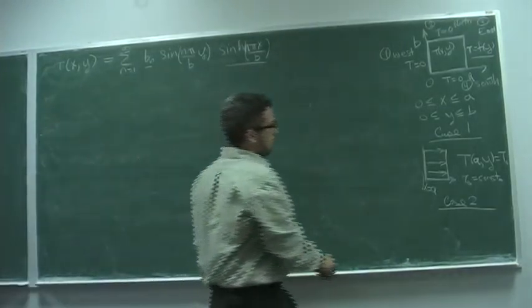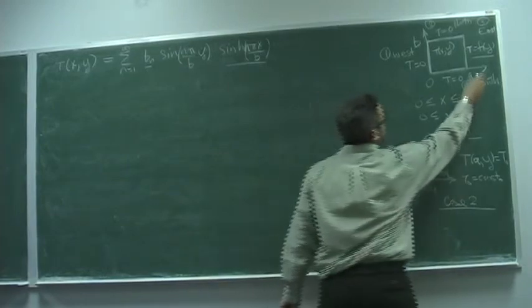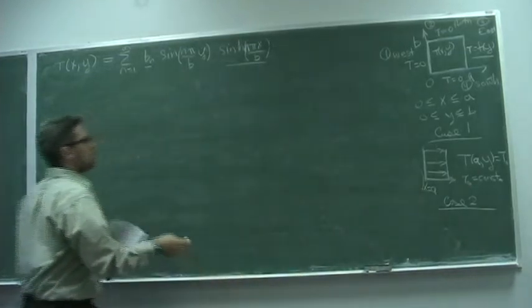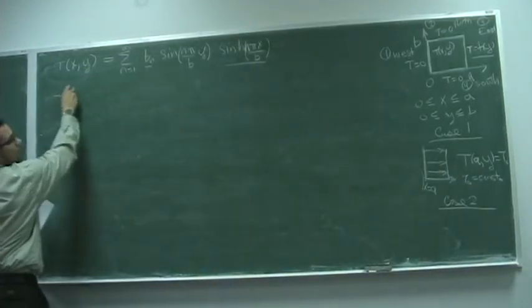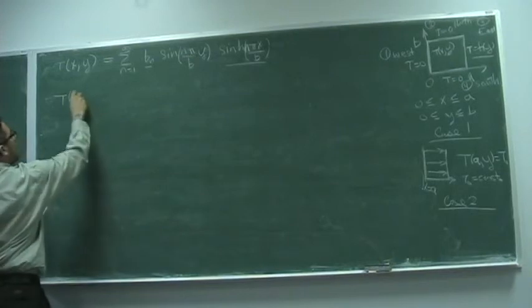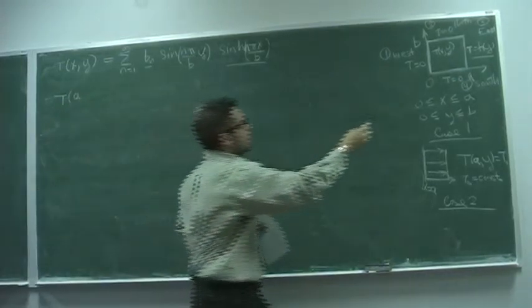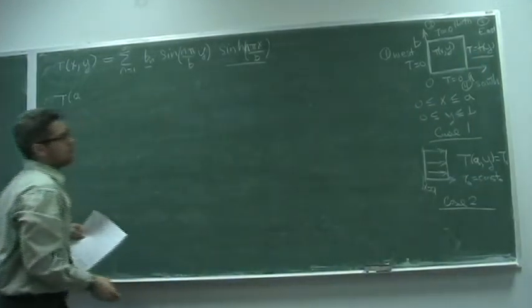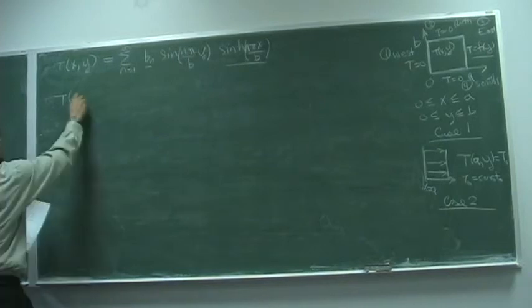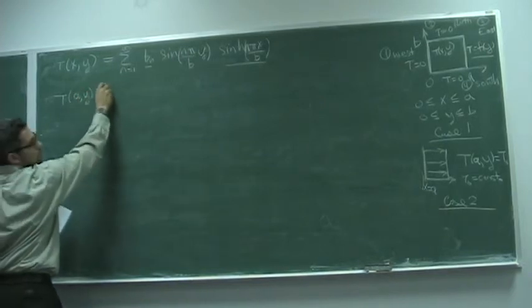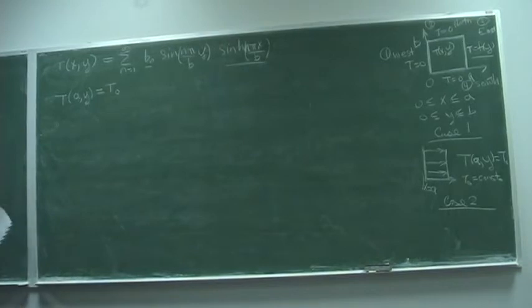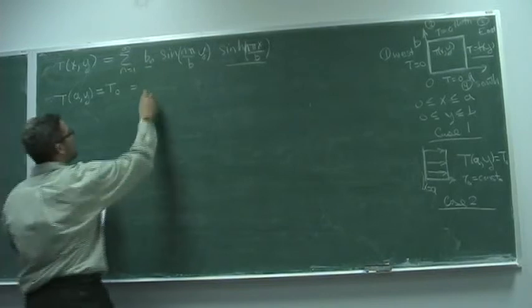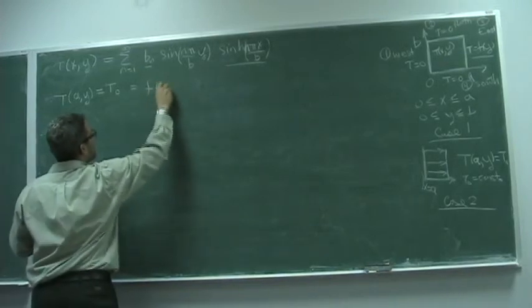Our final boundary condition is T equals f of y. Here's a, and for all y on that surface, T of a and y equals T0, which equals a function of y only.